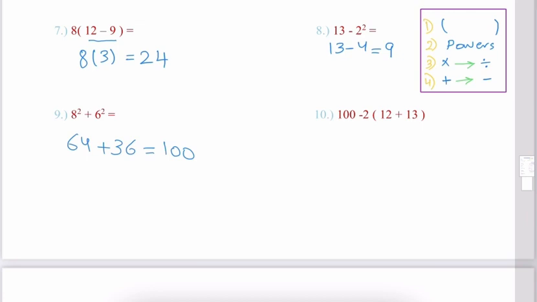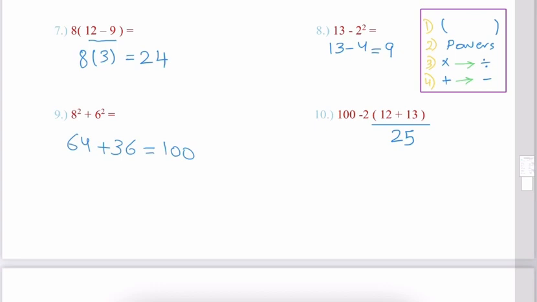Question 10. 100 minus 2 bracket 12 plus 13. As you can see, brackets come first in my order, so I have to perform the operation inside the brackets first, which is 12 plus 13, which is equal to 25.